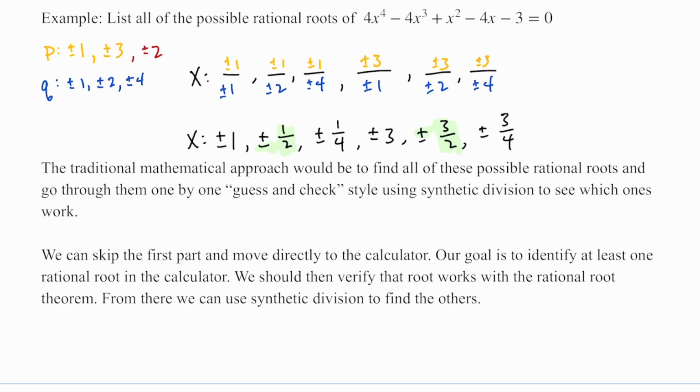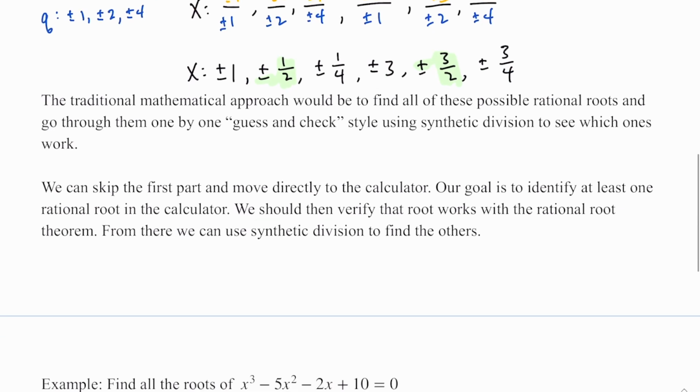Start with a calculator, and then figure out 2 or 1 or however many rational whole number roots there are. We can verify, and we should verify, that it does work with the rational root theorem, that the ones that we found actually are factors of P and Q, just to make sure we haven't typed something in incorrectly. But from then, we can use synthetic division to figure out the rest of them.